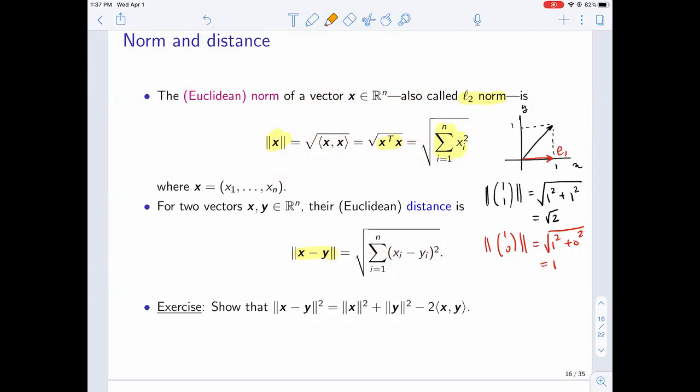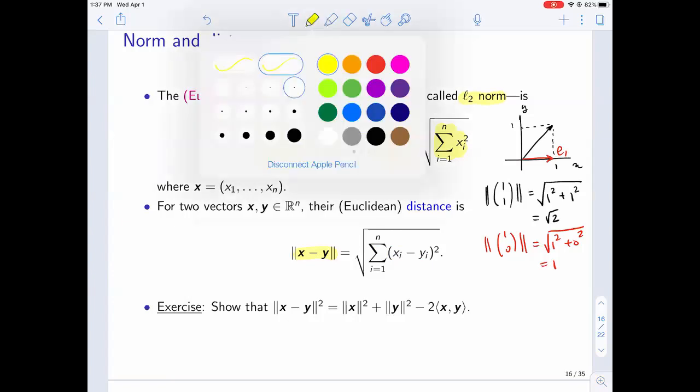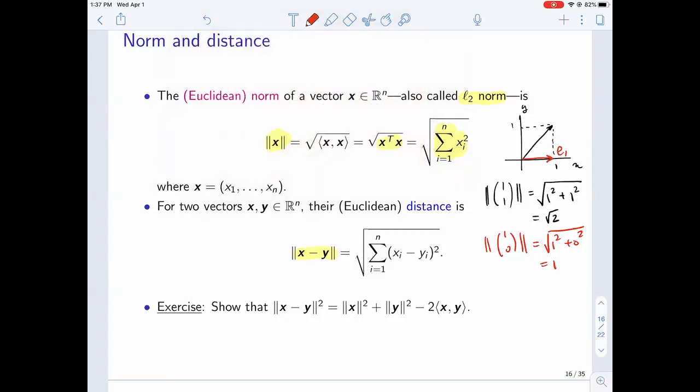And so this is also the right notion. So what is, for example, the distance between (1, 1) and (1, 0)? We can take the norm of the difference, which is just the norm of (0, 1), which is root of 0 squared plus 1 squared, which is 1.